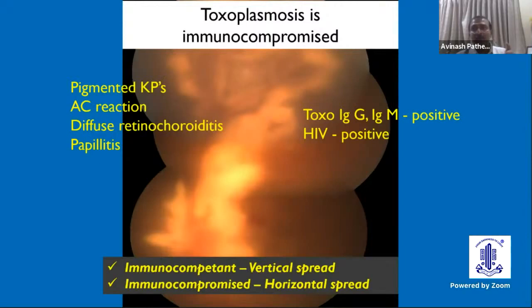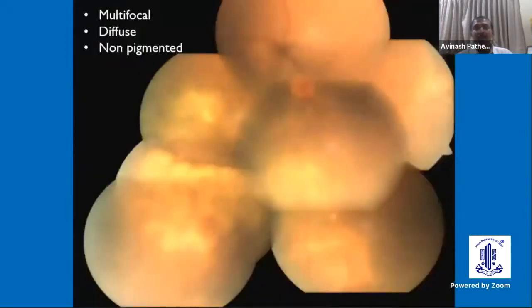In immunocompetent, like I told you, and I don't mind repeating, it is a unifocal necrotizing retinitis, and there you can see it has a very vertical spread. From the retina, it goes to the choroid. Whereas in immunocompromised, apart from the retina going to the choroid, it also has an extensive horizontal spread, which would not be seen in immunocompetent people. So in immunocompromised, it has both vertical and horizontal spread.